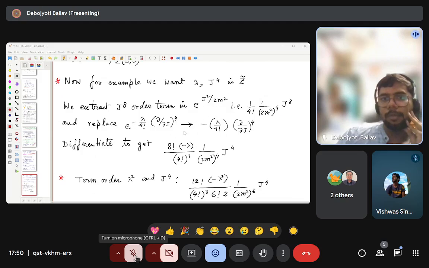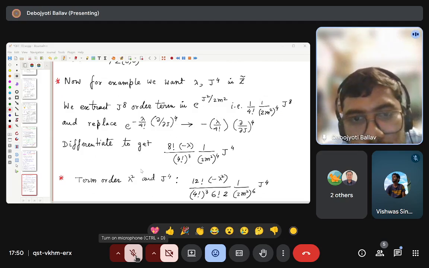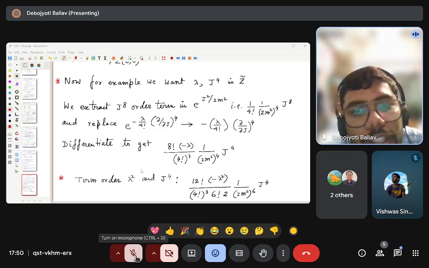See, here you have lambda square order, so you have to take the lambda square. So you have a derivative with respect to j, del j to the power 8th order derivative, and you want 4th order in j. So you have an 8th order derivative and you want 4th order in j. So which order of lambda do you need to pick out?